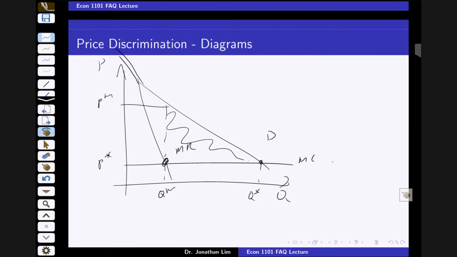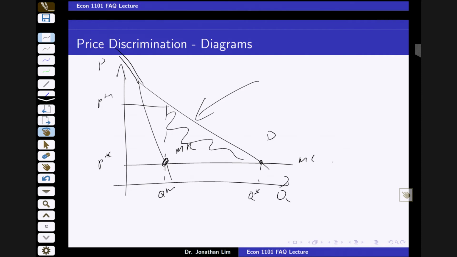So what in effect is happening when you're thinking about third degree price discrimination? You can identify which markets you're in. So you can basically say, I know roughly that some of these people are pensioners, some are students and they get concessions.